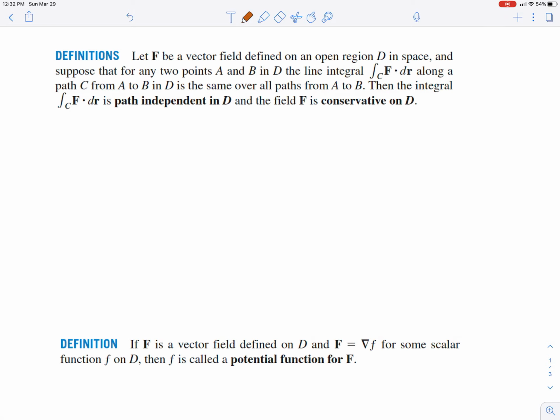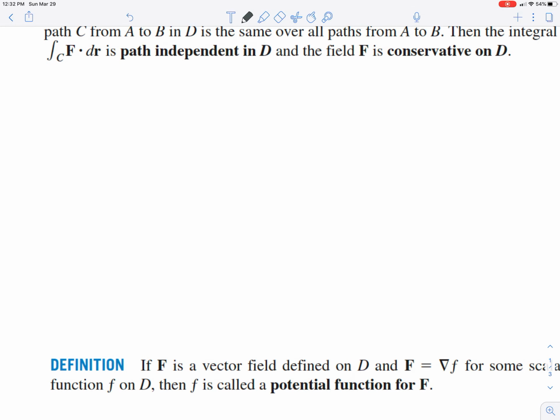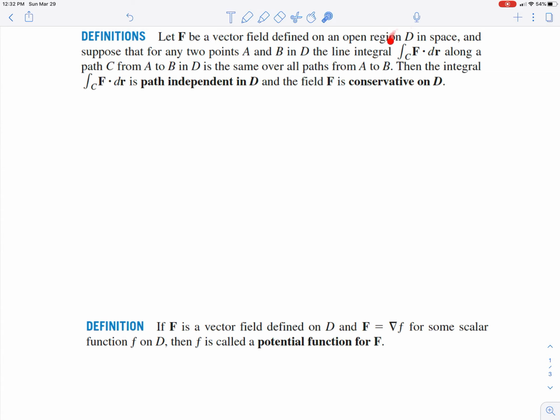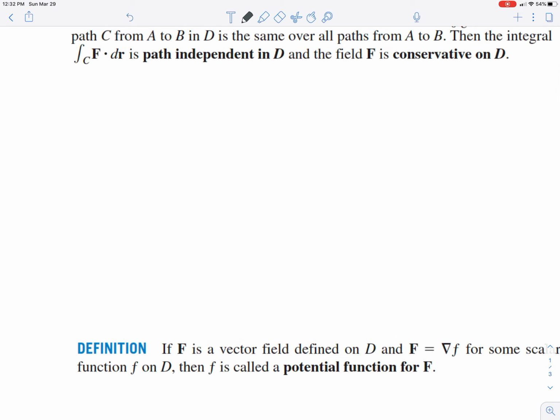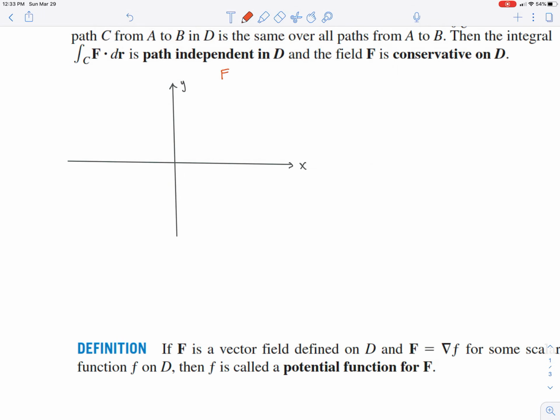So let's draw a little picture of what this is saying. I'm going to take D, this region D in space, to be a 2-dimensional plane, so we're just going to draw the 2-dimensional version of this idea. Let me draw some better axes. So if we have like this and this, here's X. And then let me draw just a random vector field F. F is going to be these vectors in red.